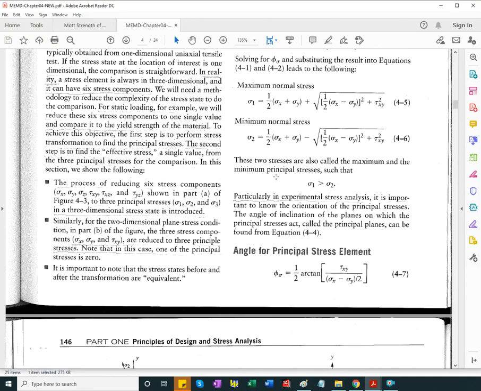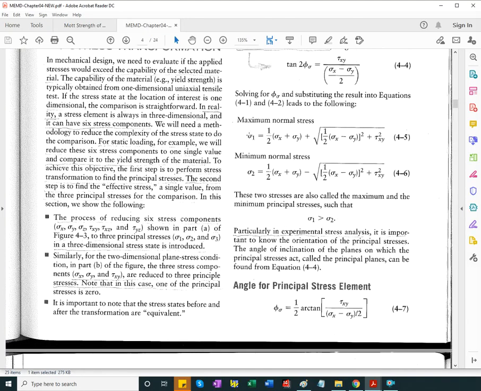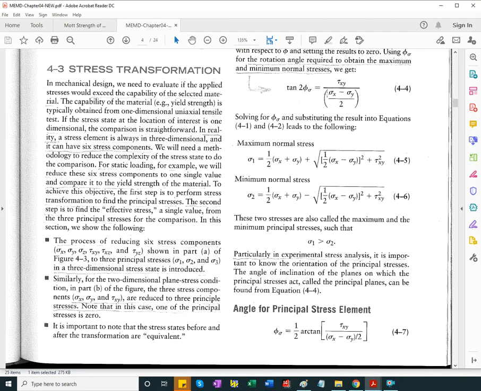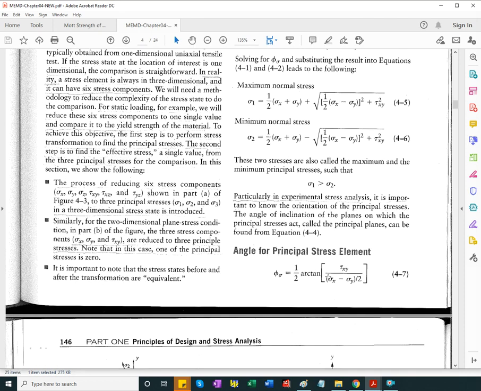So these are the principal stresses, and we like to report them as sigma 1 bigger than sigma 2. Using this equation, you can even calculate the angle, put a value to it.